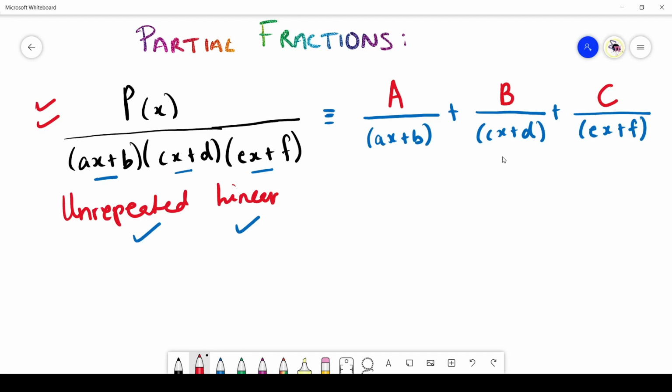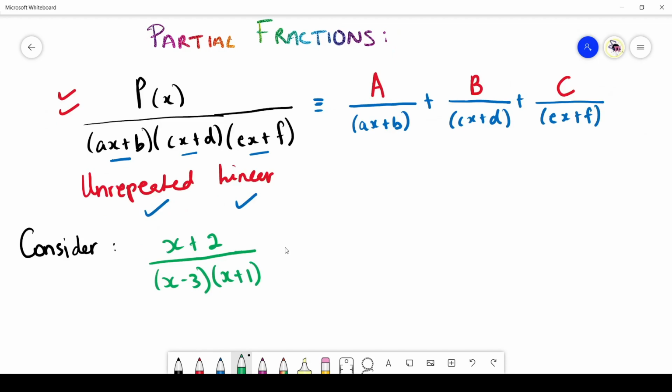All right, so step 1, that's how to split an unrepeated linear fraction into partial pieces. Now, this is a standard format in how you would split something. Let's look at an actual example to understand how to apply this rule.